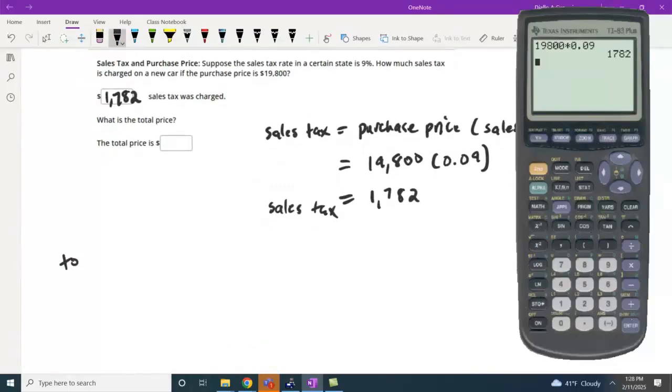So we had a formula also for the total price. The total price is the purchase price plus the sales tax.